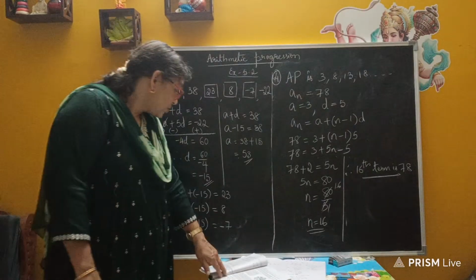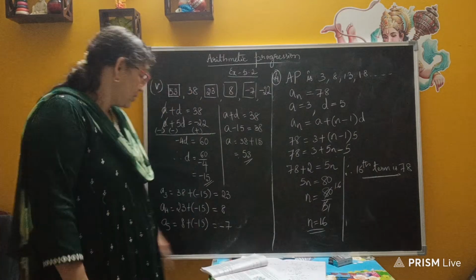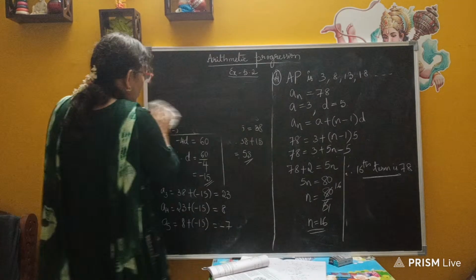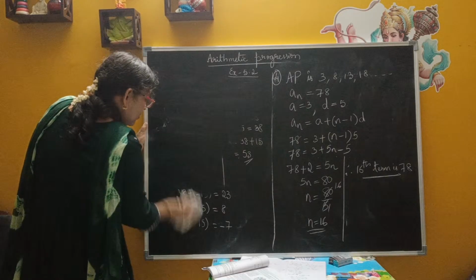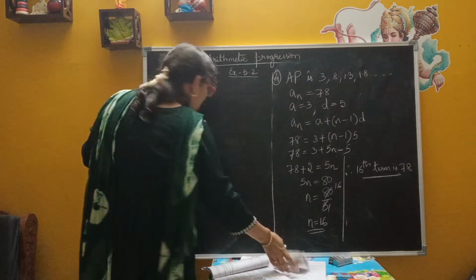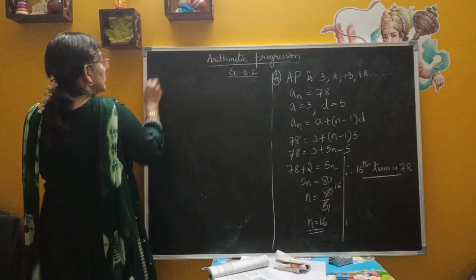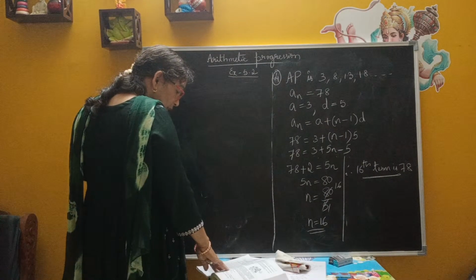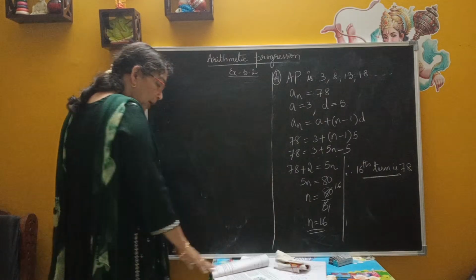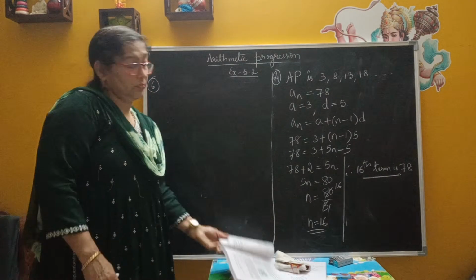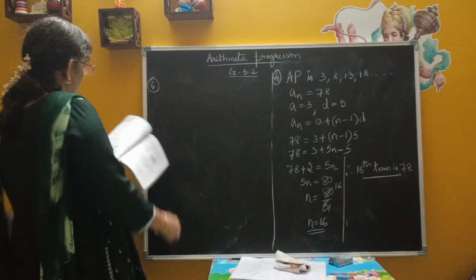Now let us go with the sixth one. Check whether minus 150 is a term of the AP 11, 8, 5, 2, etc. The AP is given.